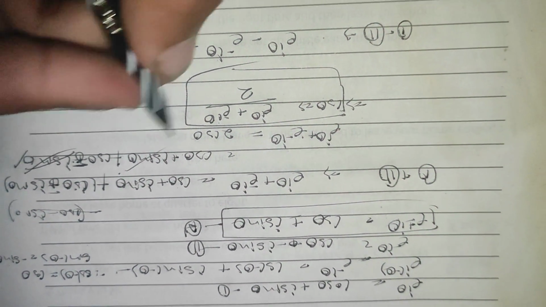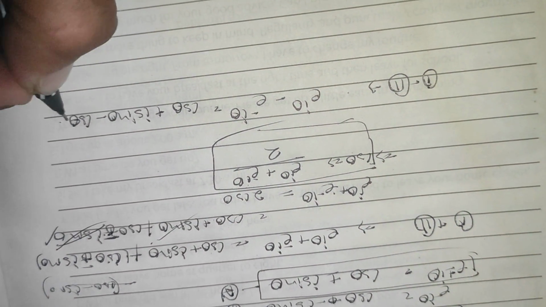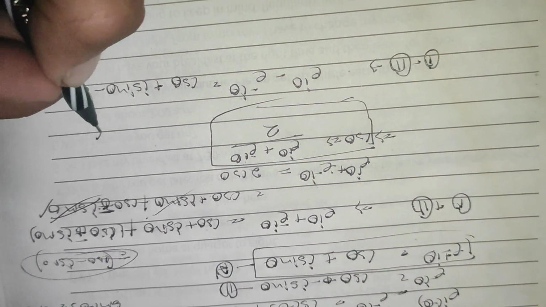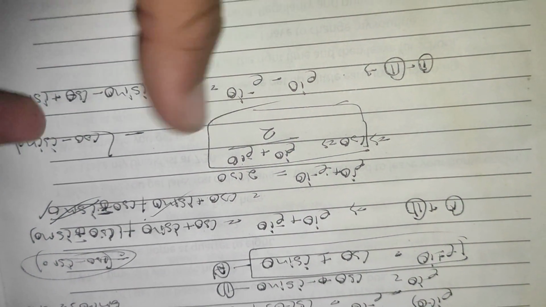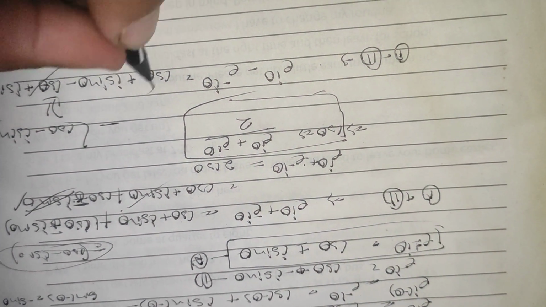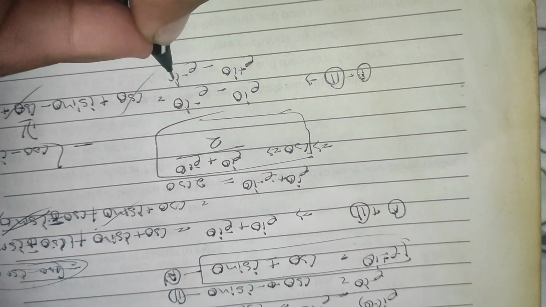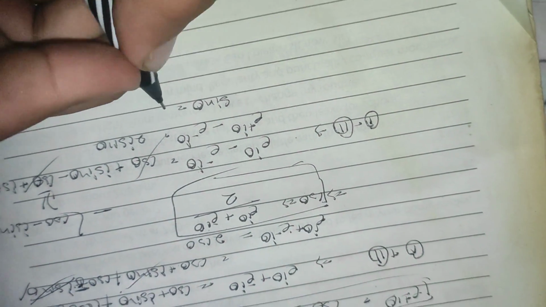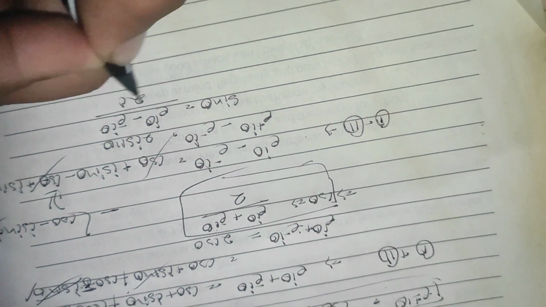Here it is minus iota theta, so this is cos theta plus iota sin theta, minus cos theta minus iota sin theta. When we multiply by the minus, it becomes cos theta plus iota sin theta. So e to the power iota theta minus e to the power minus iota theta becomes 2 iota sin theta. So sin theta is e to the power iota theta minus e to the power minus iota theta, divided by 2i.